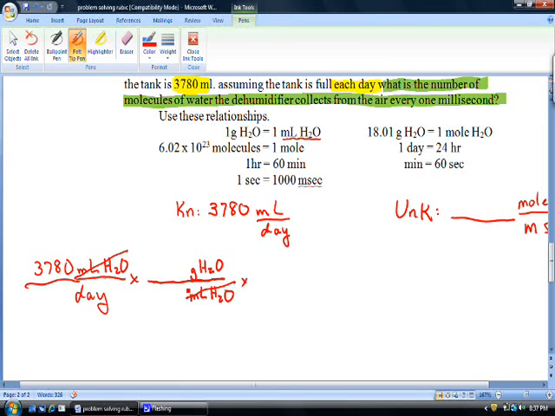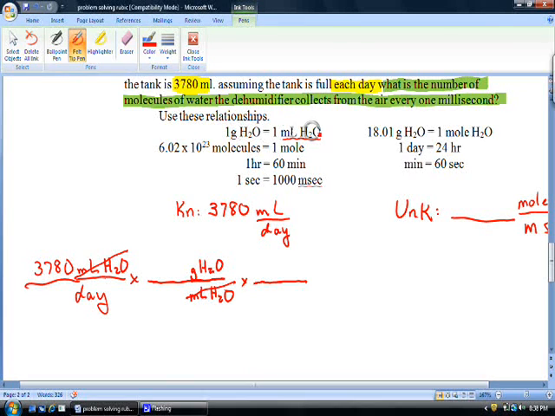So the next relationship I'm going to be choosing is to make this grams right here go away. How am I going to make that grams go away? Well, let's see. Do I have grams of water up here anywhere? I've already used this relationship.